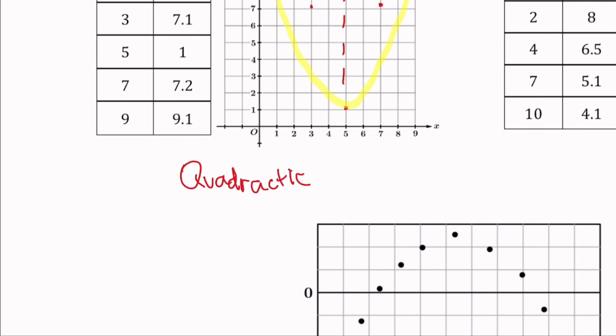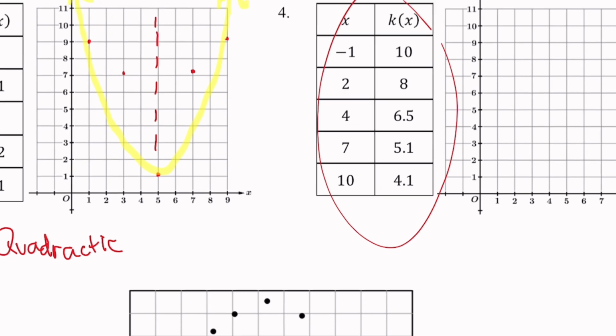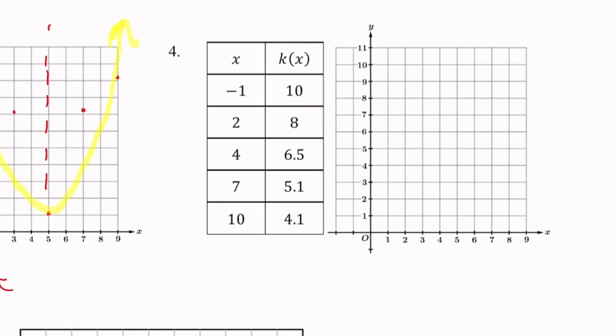So let's plot the last table here. So we have -1 and 10, 2 and 8, 4 and 6.5, 7 and 5.1. And then we have 10 and 4. So 10 is right here. And if we go up to 4.1, it's right here.